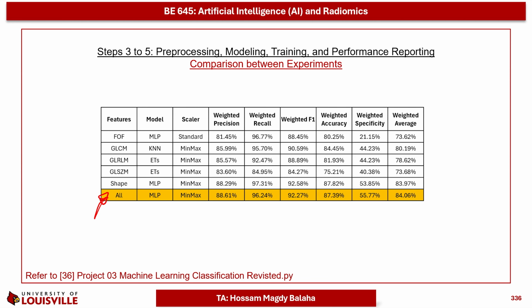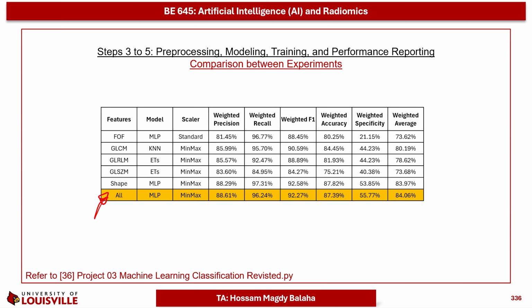So the idea here is we are dealing with each subset individually and then combining all features together and checking whether the performance is increased or not. It's not mandatory to get high performance by combining all features. You may apply that on a different example and get poor performance if you combine all features together. But if you use individual subsets, let's say GLCM or shape features, you may get better performance.